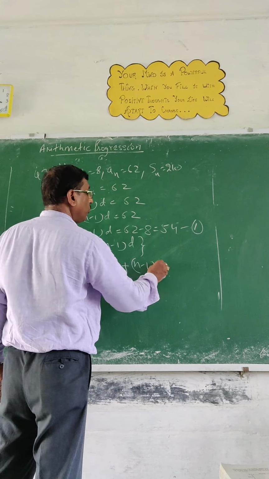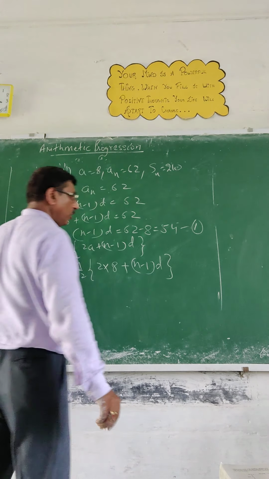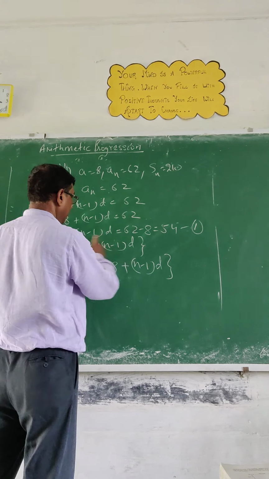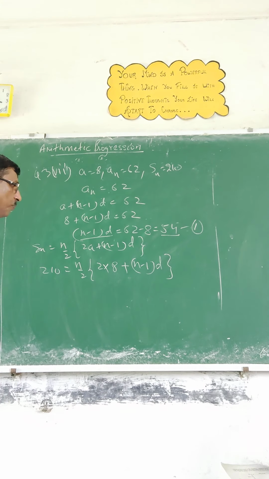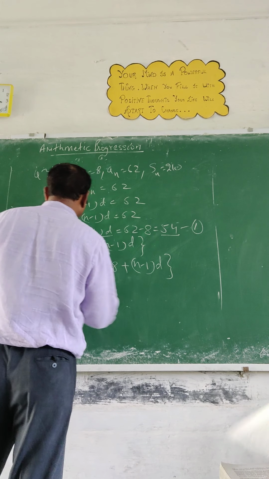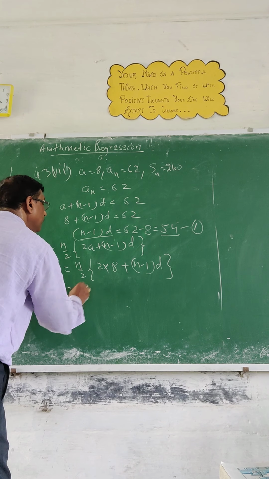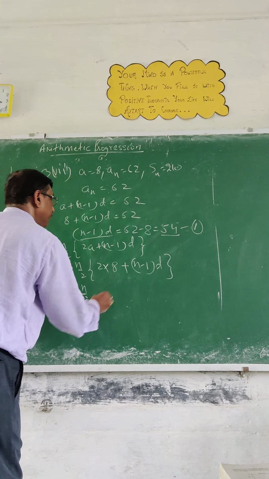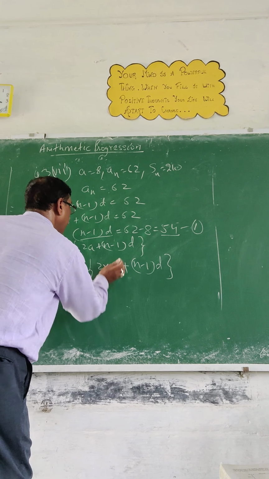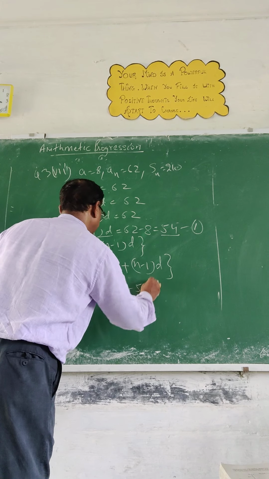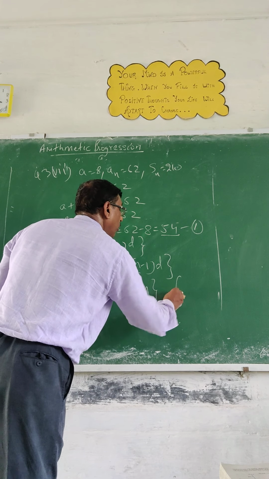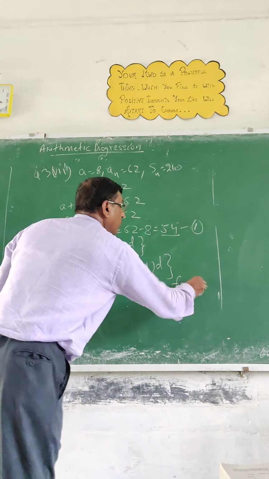You can see, you don't know n, but you know n minus 1 into d. The value is 54, so you put this value here. What do you get, children? 210 is equal to n upon 2, 2 into 8 plus, you put 54 from equation 1.